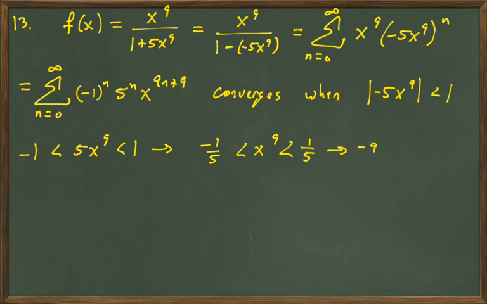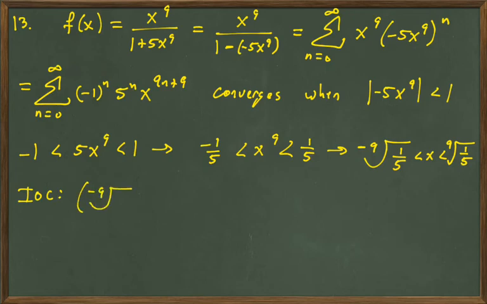And also the 9th root of negative 1 is negative 1. So we can slide the negative out. So this is going to be negative 9th root of 1/5 less than x less than the 9th root of 1/5. So that's going to be our interval of convergence, which is the negative 9th root of 1/5 to the positive 9th root of 1/5. And the radius of convergence is going to be the 9th root of 1/5.